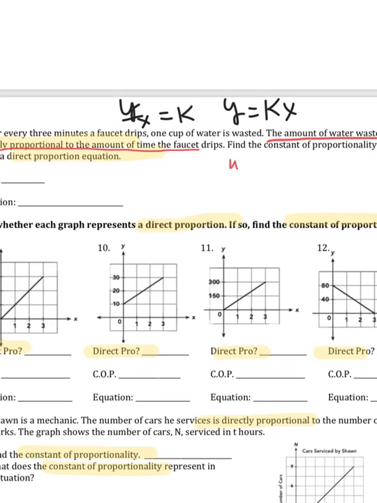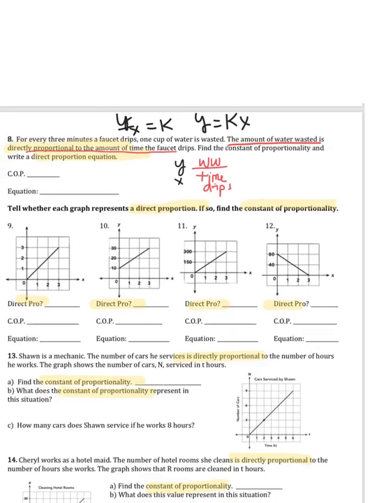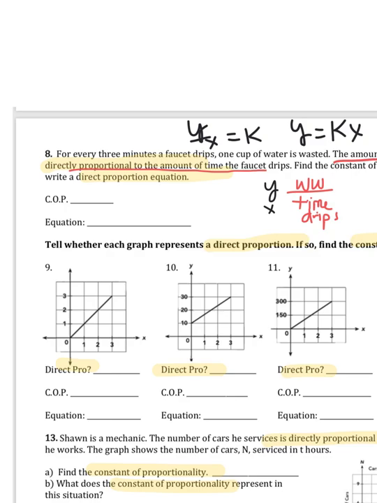So the water wasted, WW, water wasted, and the time that it drips. So I'm using some words to help me set up. y, x.